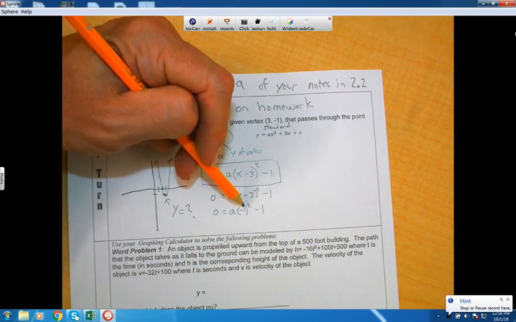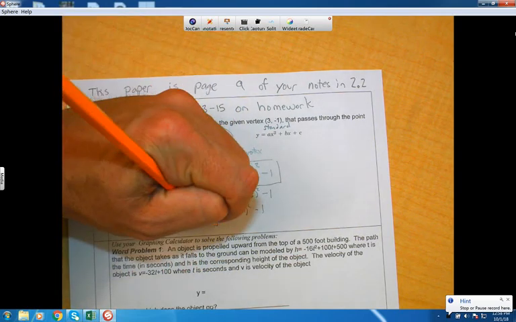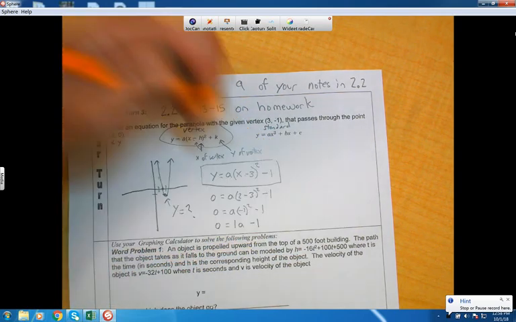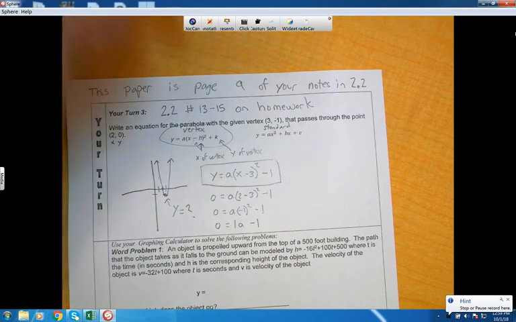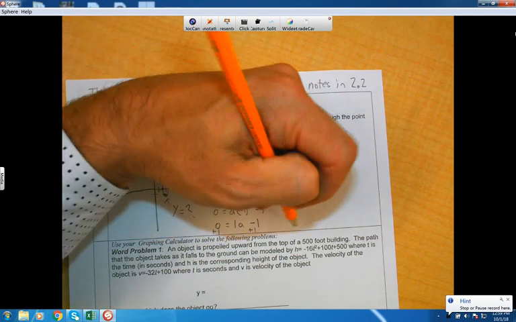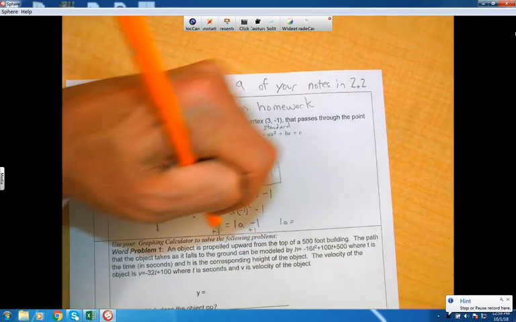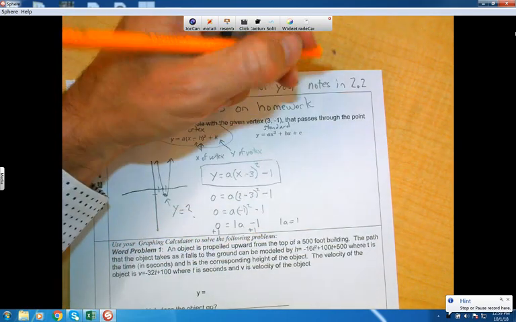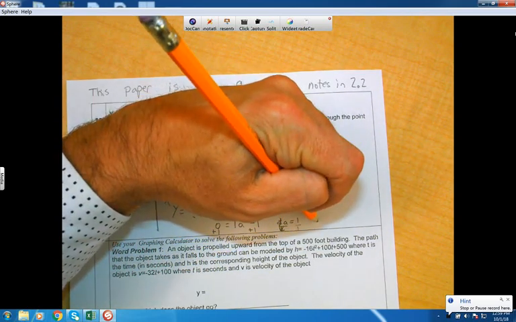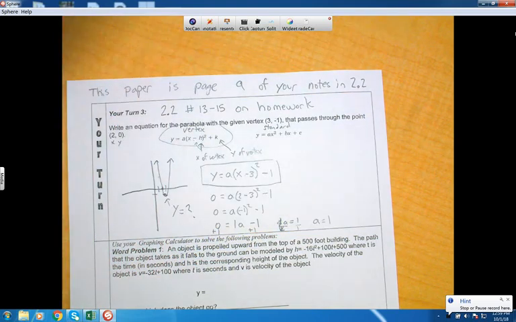A negative times a negative is a positive, so negative 1 squared would just be 1. So 0 equals 1a minus 1. I'll add 1 to each side. So 1a equals 1. So a just equals 1.